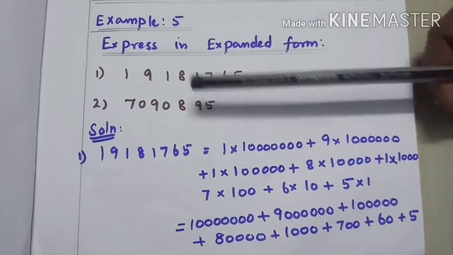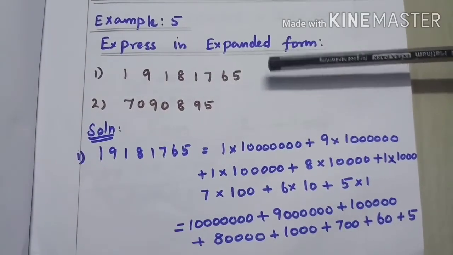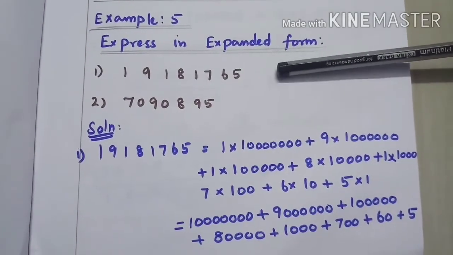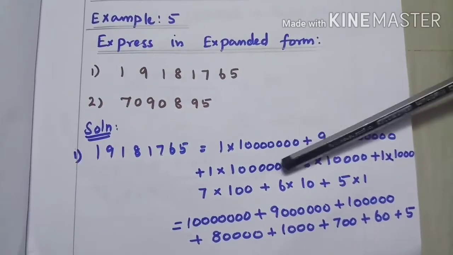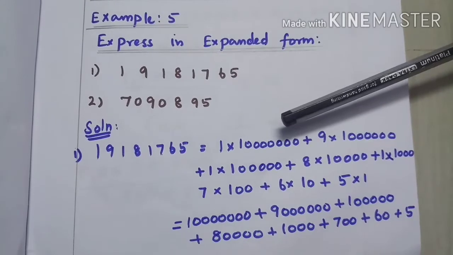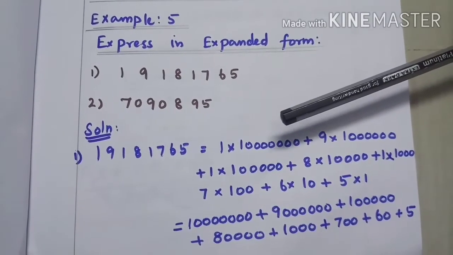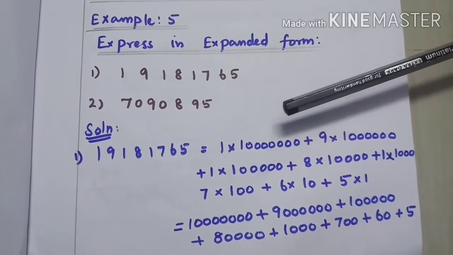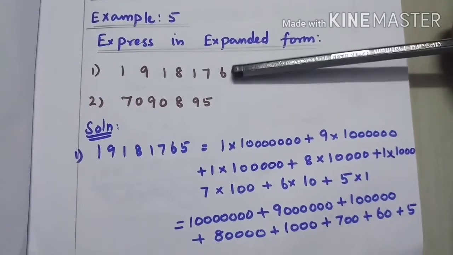Example 5. Express in expanded form. What do you mean by expanded form? The number is expressed as a sum of place value of its digits. So 2 numbers are given.